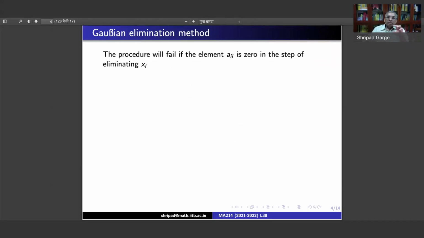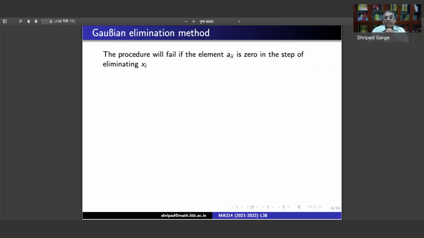Then from e2 onwards we look, that will have x2 up to xn variables. So using a22, we would want to eliminate x2 from e3 up to en. And so we continue. So if you have eliminated x1, x2, up to x(i-1) from the equations e(i+1) up to en, after that we want to eliminate xi.